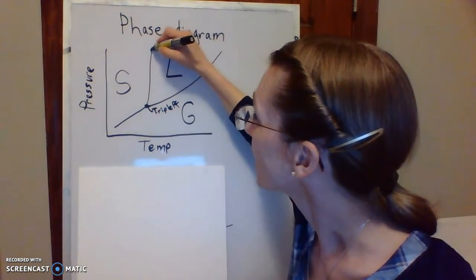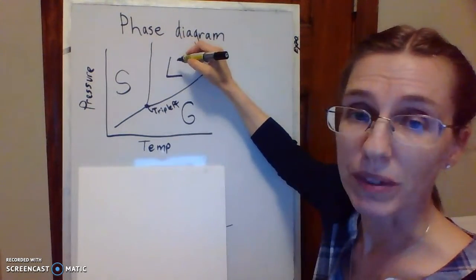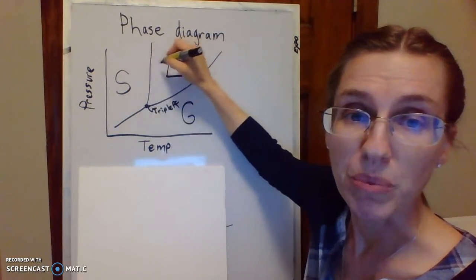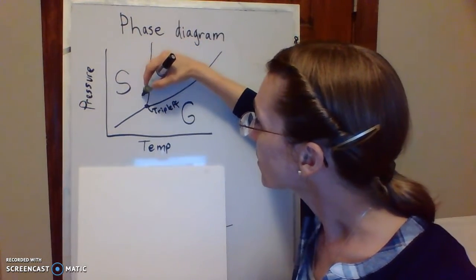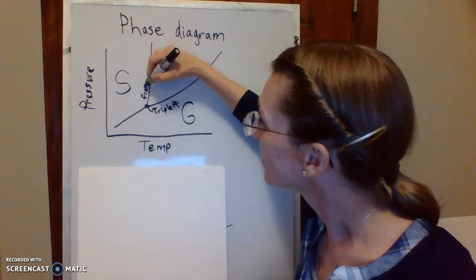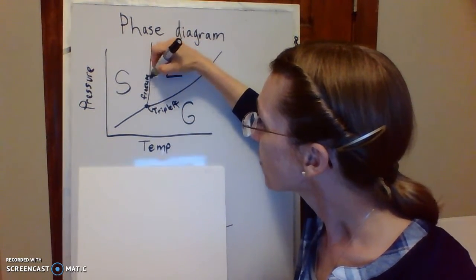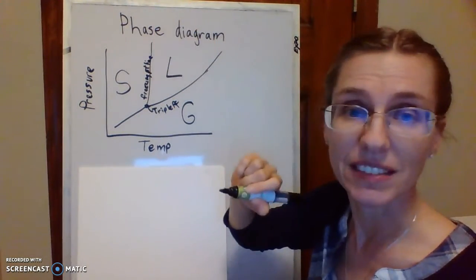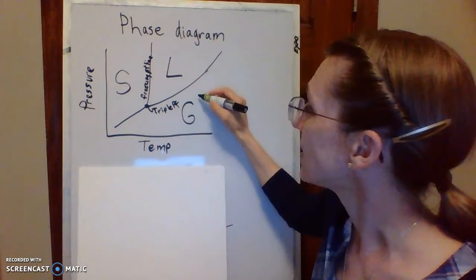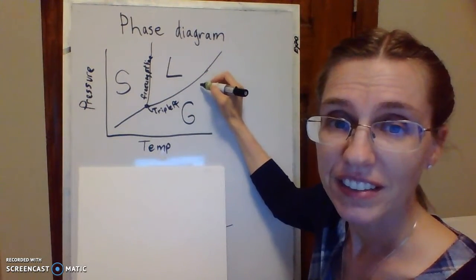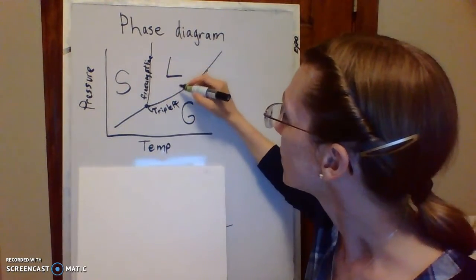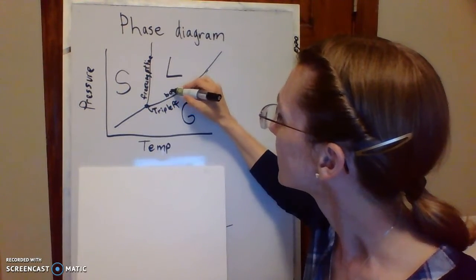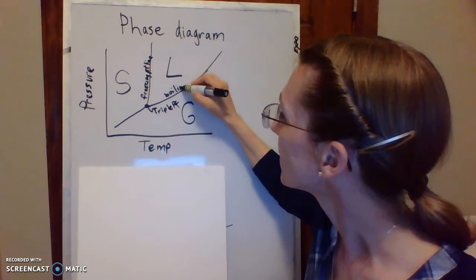This line here, when you go from a solid to a liquid, or a liquid to a solid, that's our freezing point, right? So this is the freezing point line. Liquid and gas, that transition is called the boiling point.